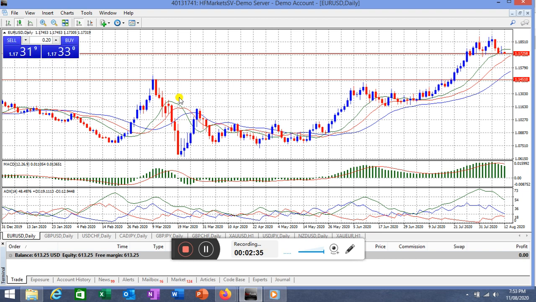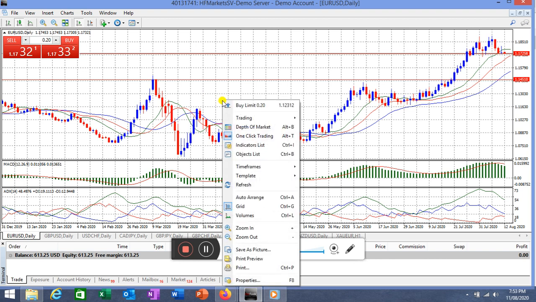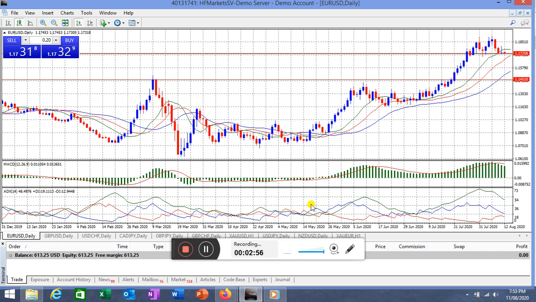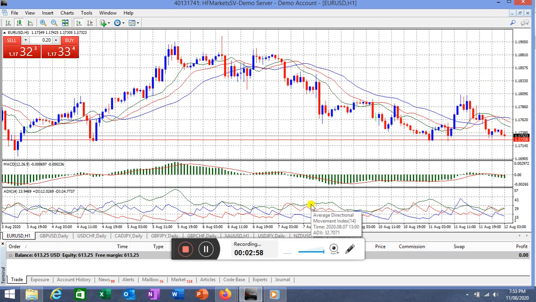However, based on what's happening worldwide with the whole COVID, especially in the US market, it has become a little bit on the choppy side, really choppy.